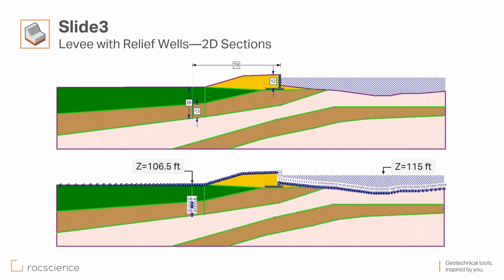To explain the model briefly, we have a levee here. This is our retaining wall. This is a water table with the elevation head of 115. We define relief wells to reduce the total head to 106.5 and to see what is the effect of these relief wells.